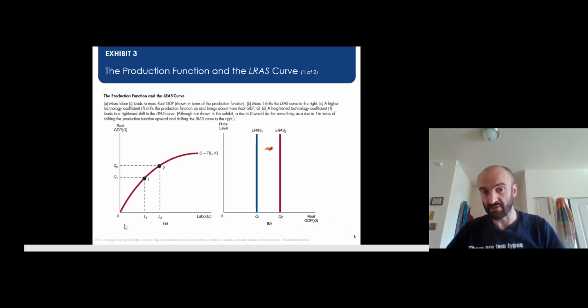It could mean that you simply have more workers, you import immigrants, and then you have a larger quantity of labor, but it may mean that the same population will decide to work more.